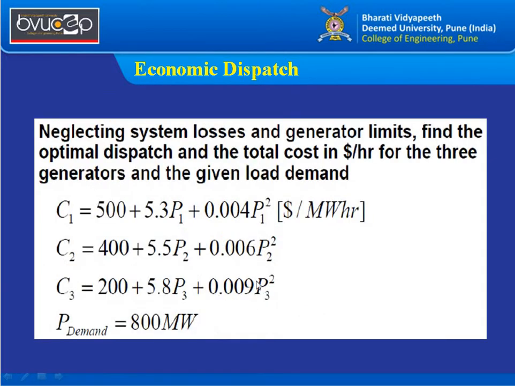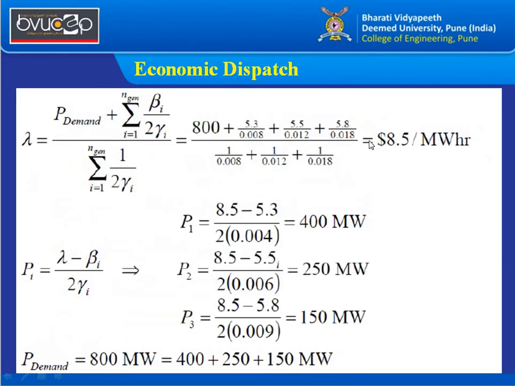We can see that 0.009 multiplied by 2 gives 0.0018, divided by 1 upon the same terms which were in the denominator. As there is 2 gamma I, the same terms will be here. On solving this equation, we get the Lagrange's multiplier as $8.5 per megawatt hour.